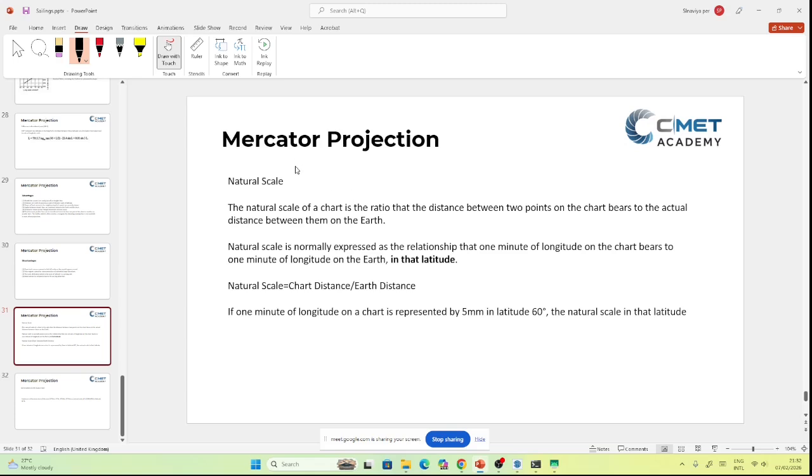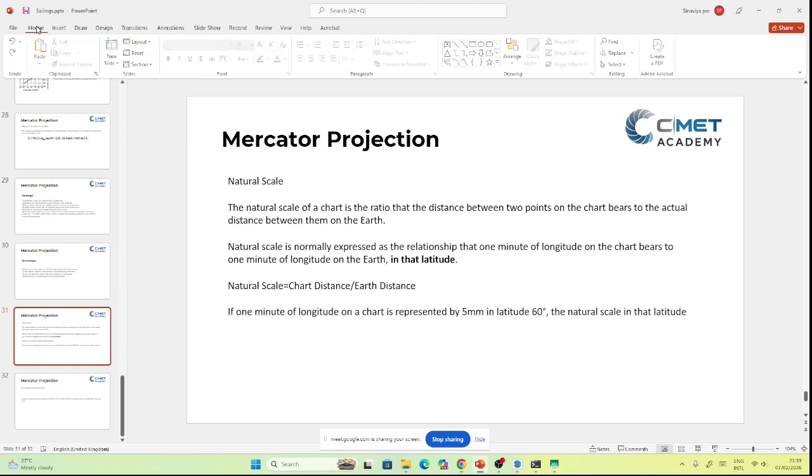Anyway, the natural scale. The natural scale of a chart is the ratio that the distance between 2 points on the chart bears to the actual distance between them on the earth.